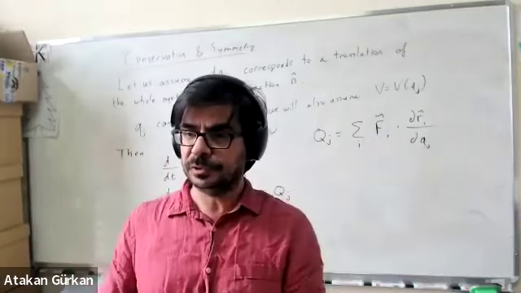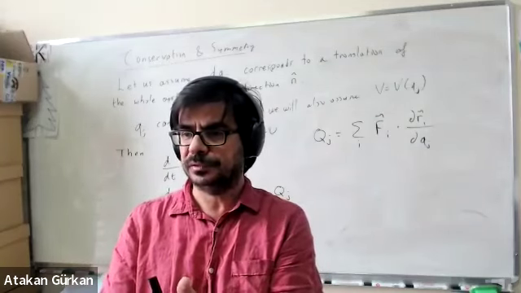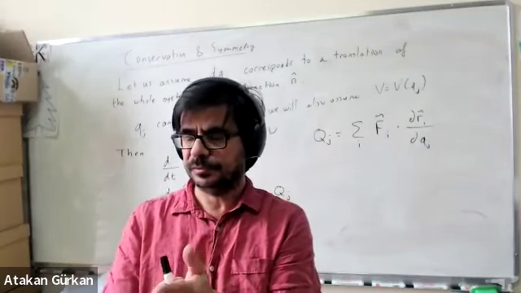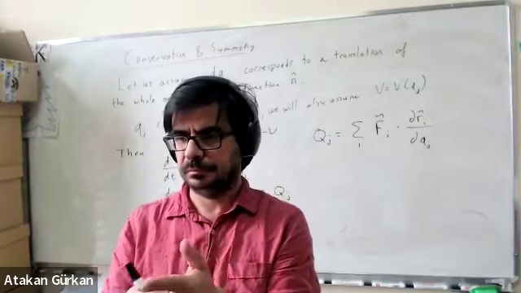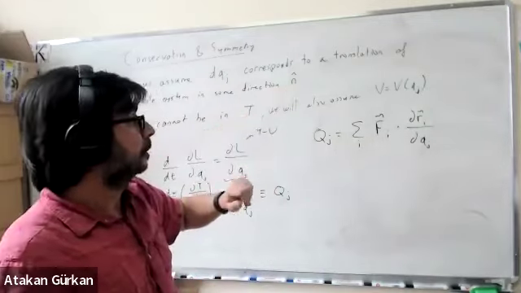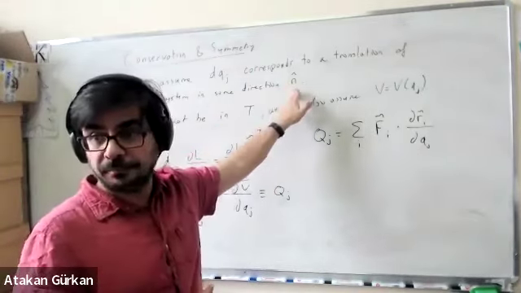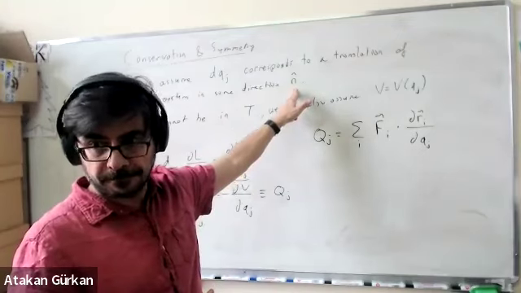You get the total force, and it should just be the component of that force in whatever direction n this corresponds to. So I should get something like the total force dot n. This is what I expect.